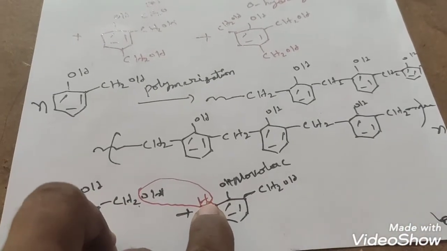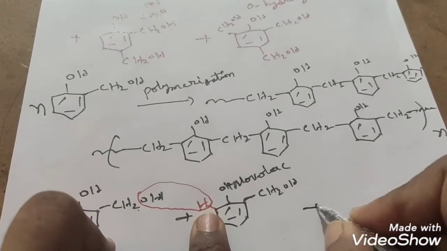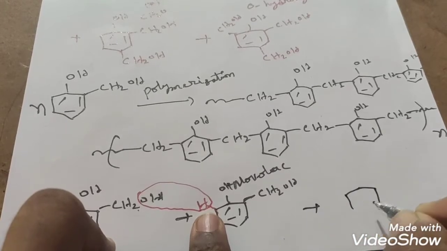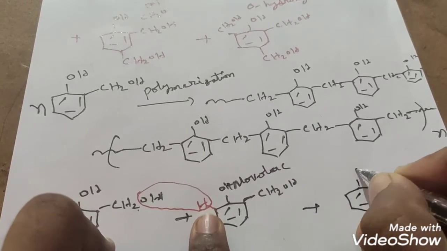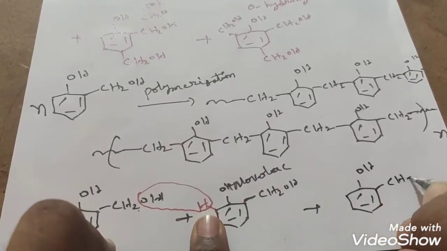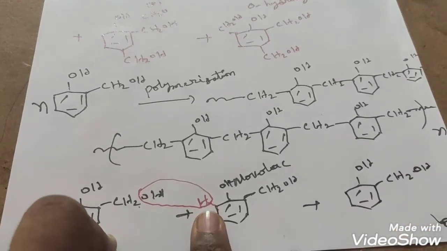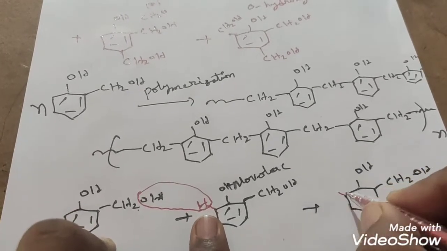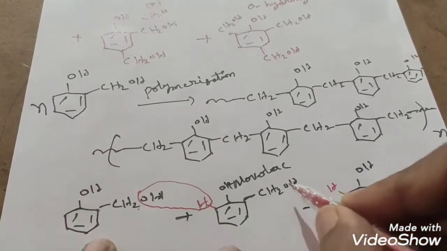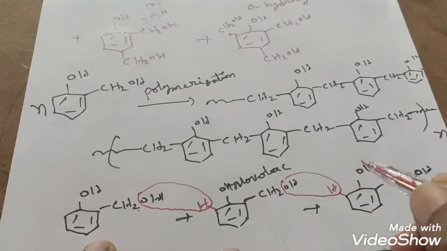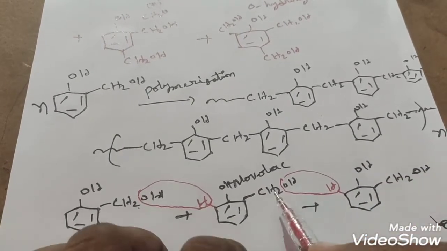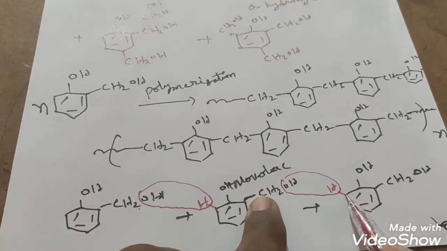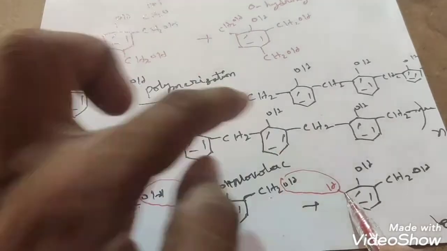Suppose you take one more molecule here, what will happen? You take here ortho-hydroxy methyl phenol. This is ortho-hydroxy methyl phenol I have taken now. Here nothing is there, means again hydrogen is there. So here hydrogen, here OH removed as a water molecule. Again this CH2 will join at the other position. See that repetition is taking place.